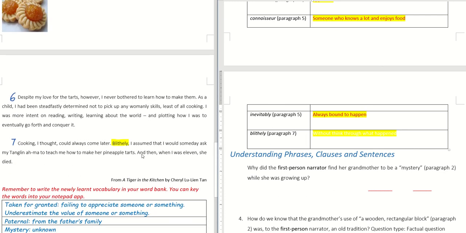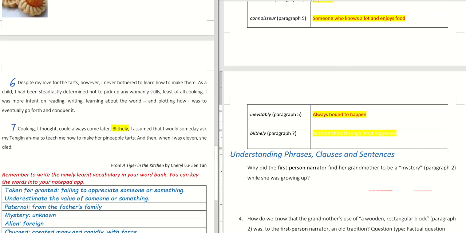Paragraph 7, blithely. I assume that I will someday ask my Tangling Ama to teach me how to make a pineapple tart, and then she died. She assumed that her grandmother will always be around, but no, her grandmother passed away.